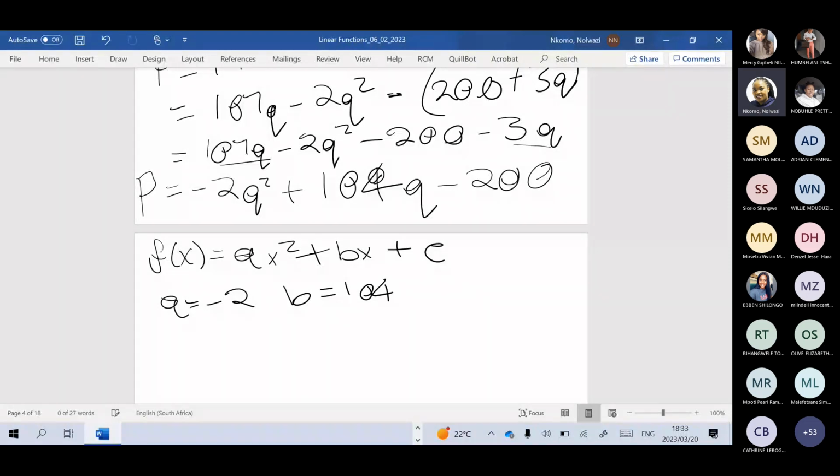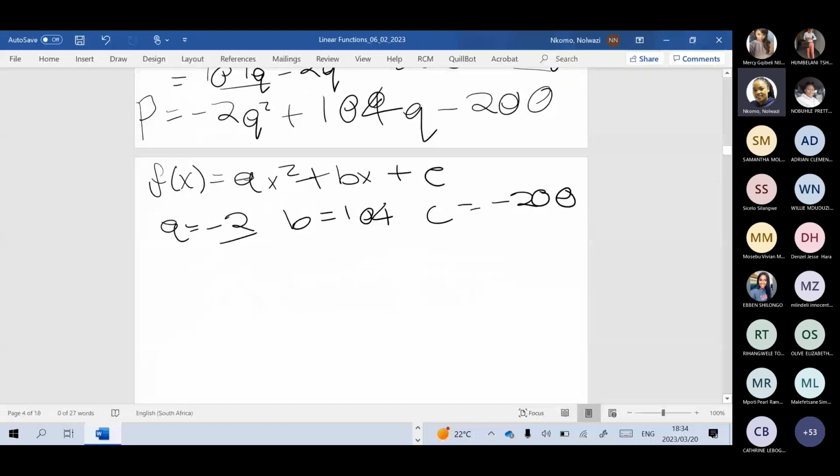Our a is less than 0, so here we'll find the maximum turning point. After finding it, if we substitute that point back into our profit, we'll get the maximum profit.